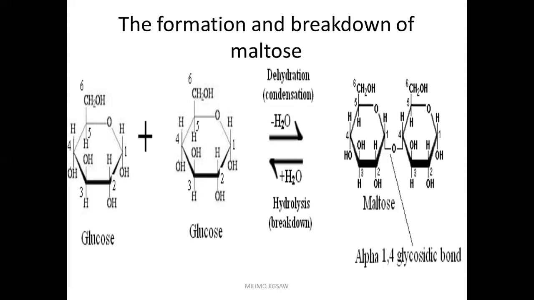So basically, these are the disaccharides. On the disaccharides, remember what monomers form a specific disaccharide. You should know what monomer will form maltose: alpha glucose and another alpha glucose molecule.